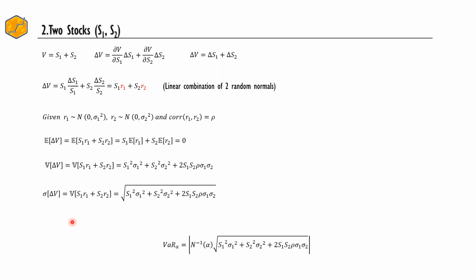All good, guys? Any questions? So there is a question: will the distribution of delta V be more dispersed as compared to delta R? We are not doing delta R here. We are just taking R as is because returns itself is normally distributed.